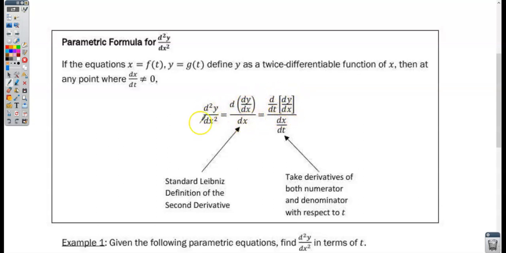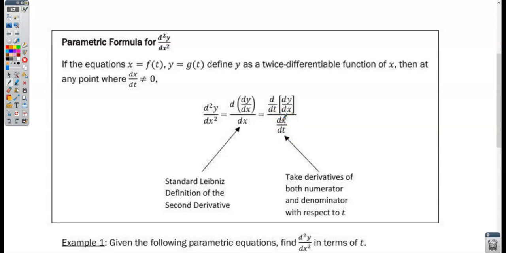In order to get the second derivative d squared y dx squared of a parametric function, we're going to take the derivative of dy dx with respect to t, and then divide it by dx dt. So there's an extra step, an extra layer here in finding the second derivative of a parametric curve that we need to make sure we apply.